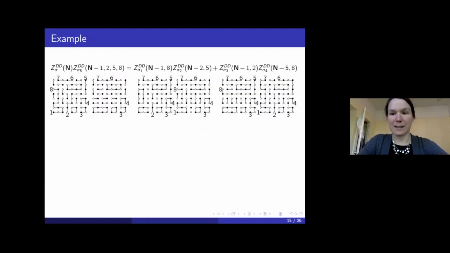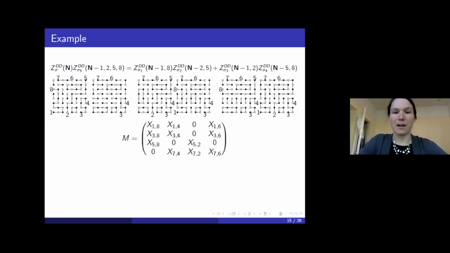So this is the example we saw earlier of the condensation theorem, and here's Kenyon and Wilson's matrix, where again the rows are the odd nodes, the columns are the even nodes, and you can read the pairing across the diagonal.